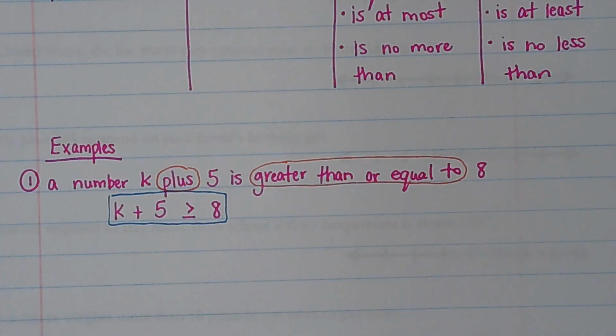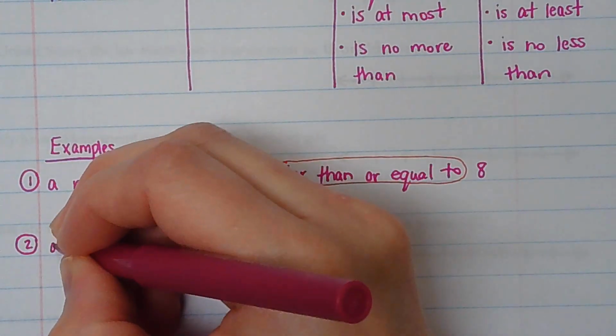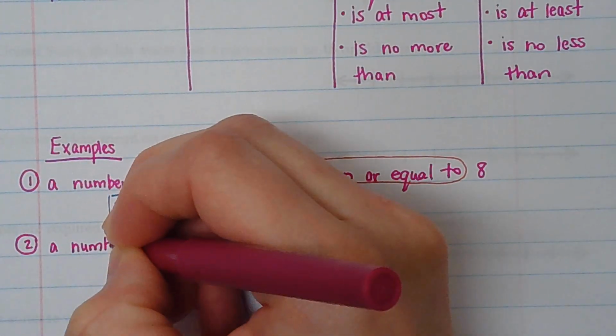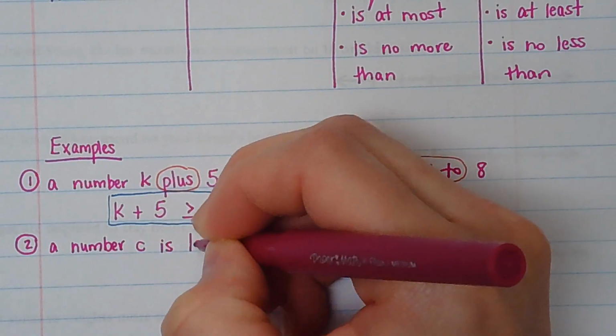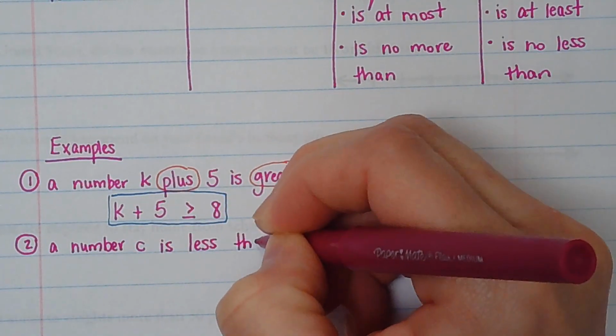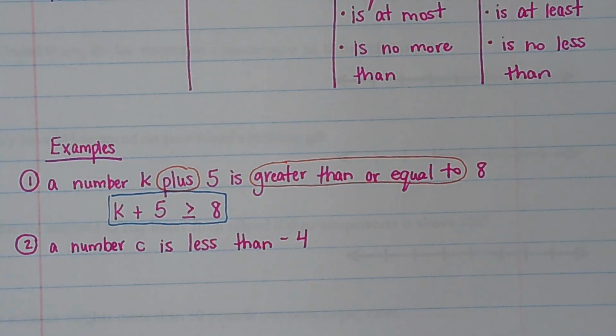All right, let's look at another one. A number C is less than -4. Okay, so there's no extra operator words like plus, minus, none of those.